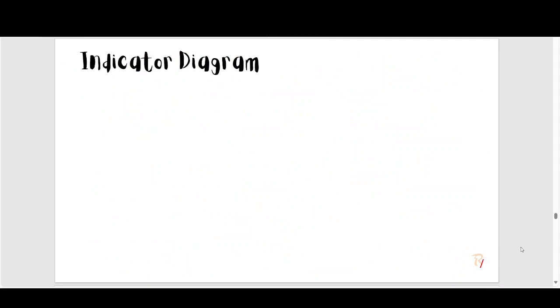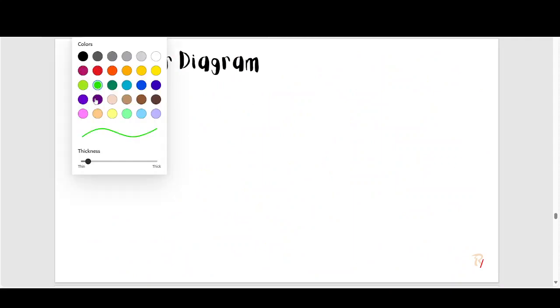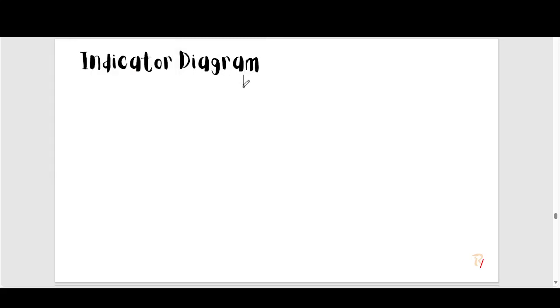Let me tell the indicator diagram. The indicator diagram is nothing but the indication of the thermodynamic state of a system. Sorry, this color doesn't match this.